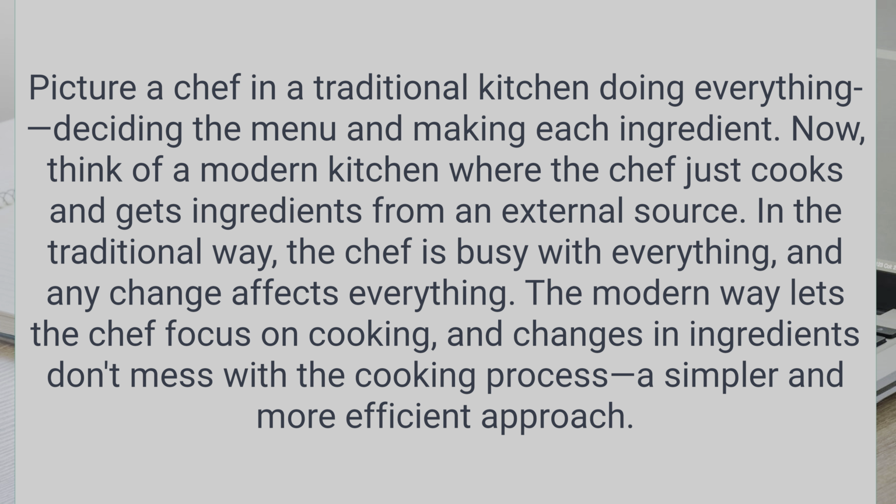Okay. So imagine there is a chef in a kitchen who cooks different types of dishes with different types of ingredients. In order to cook a dish, the chef can make all the required ingredients by himself, or he can have someone else prepare all the ingredients for him.